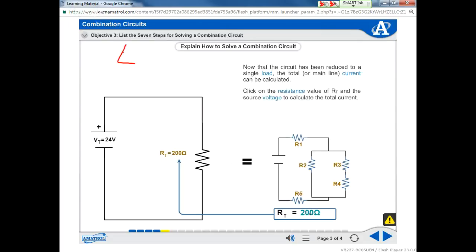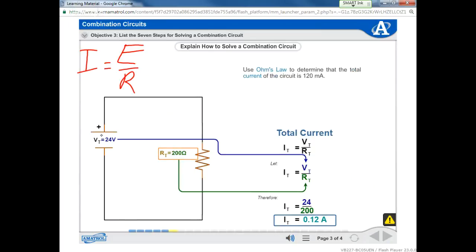E over R. E divided by R equals I. Resistance value of RT. There we go. And we're going to use voltage. Use Ohm's law to determine that the total current of the circuit is 120 milliamps. Click on that value to place it on the schematic.